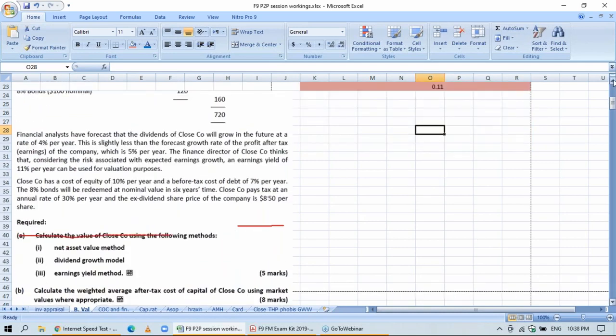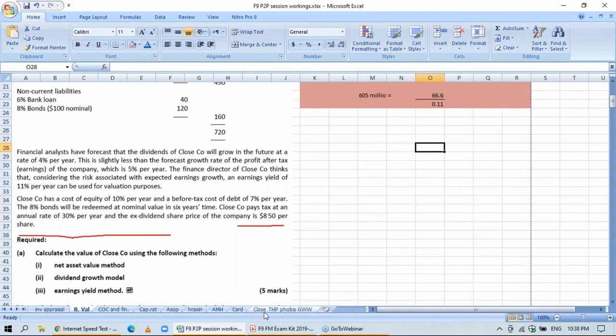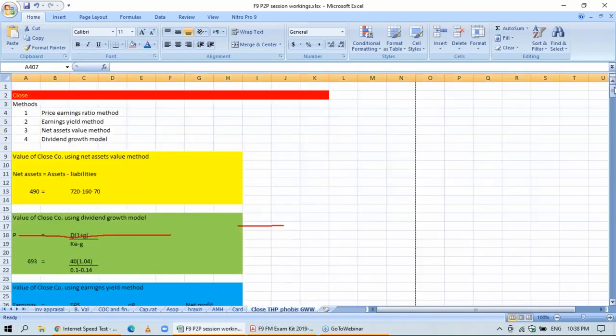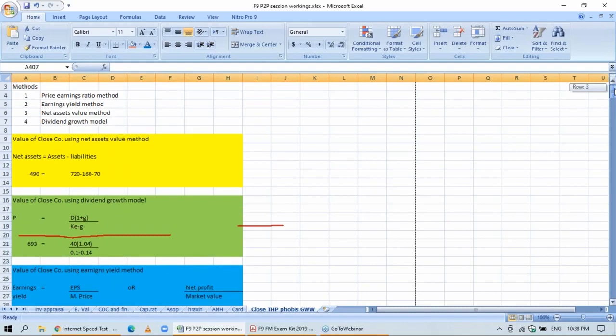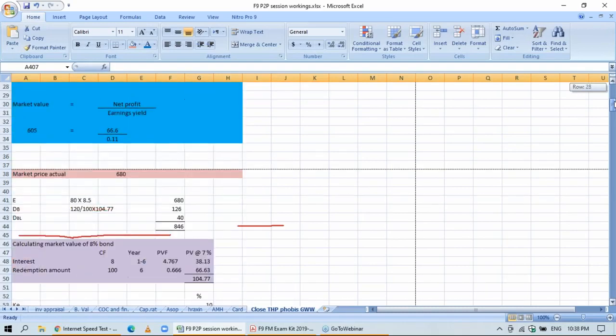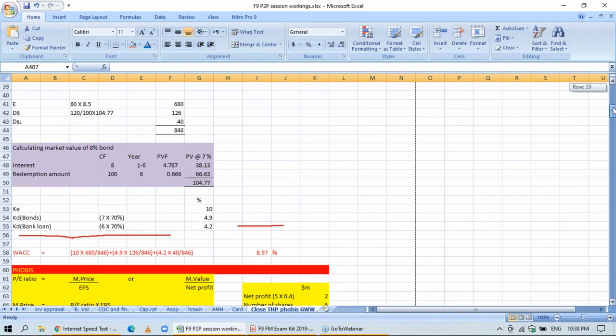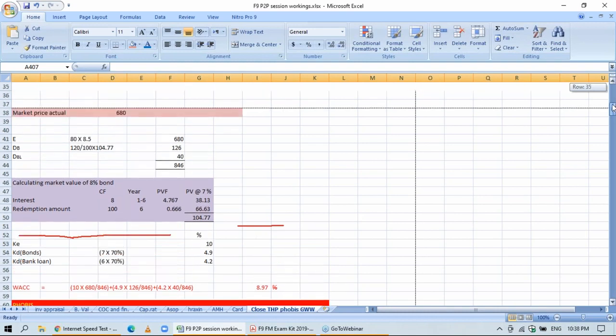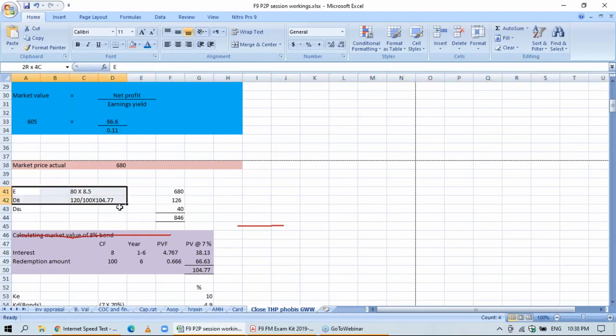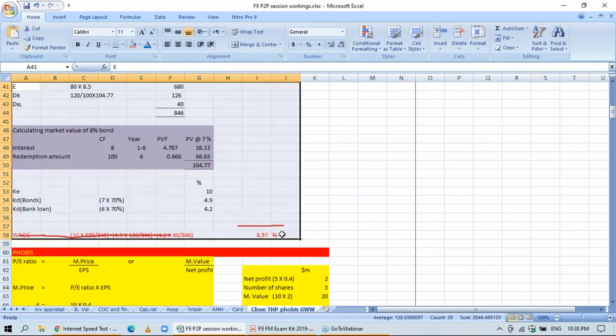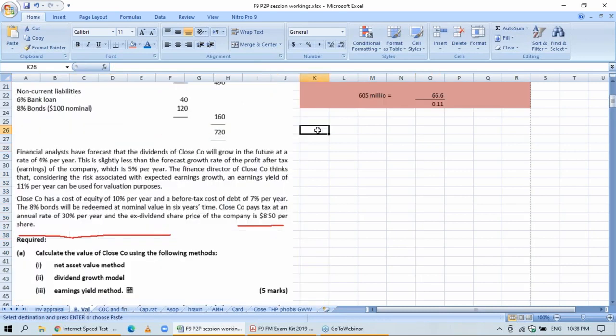So I'm giving you the working over here because we have now been used to calculating the weighted average cost of capital. So I'm giving you the working directly. That's the working for the weighted average cost of capital on your screen, which is 8.97%.